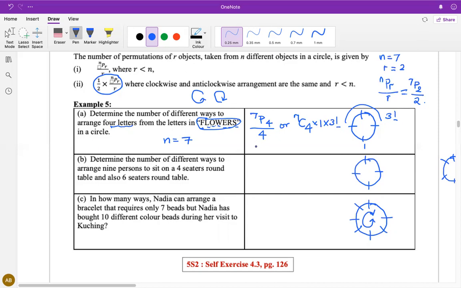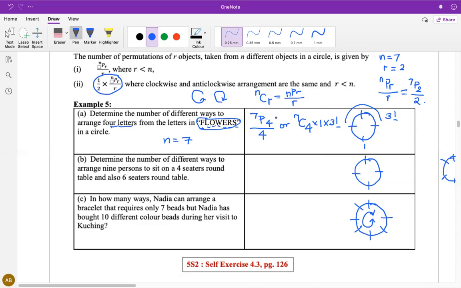The answer should be the same, because the relationship between C and P is that nCr is equivalent to nPr over r. So actually nPr over r is the same as nCr.